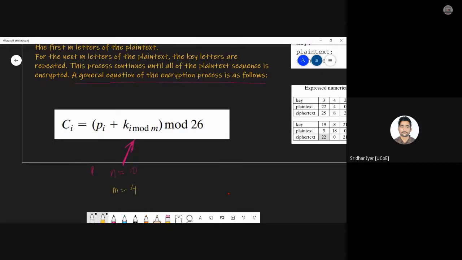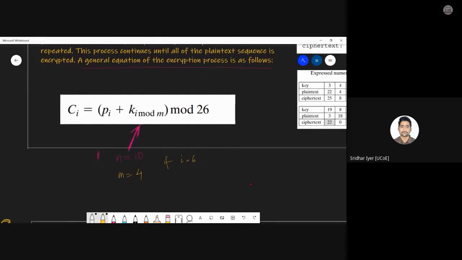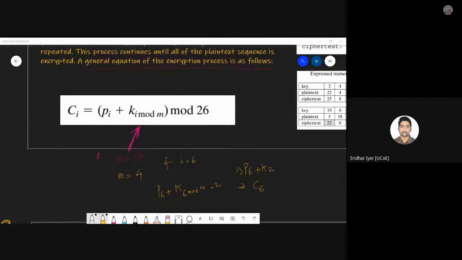If i is equal to 6, then P of 6 plus K of 6 mod m, where m is 4, will be 2. So it will basically be P of 6 plus K of 2. The keys will be repeated and the answer that we will get will be C of 6. Am I clear? Yes or no?